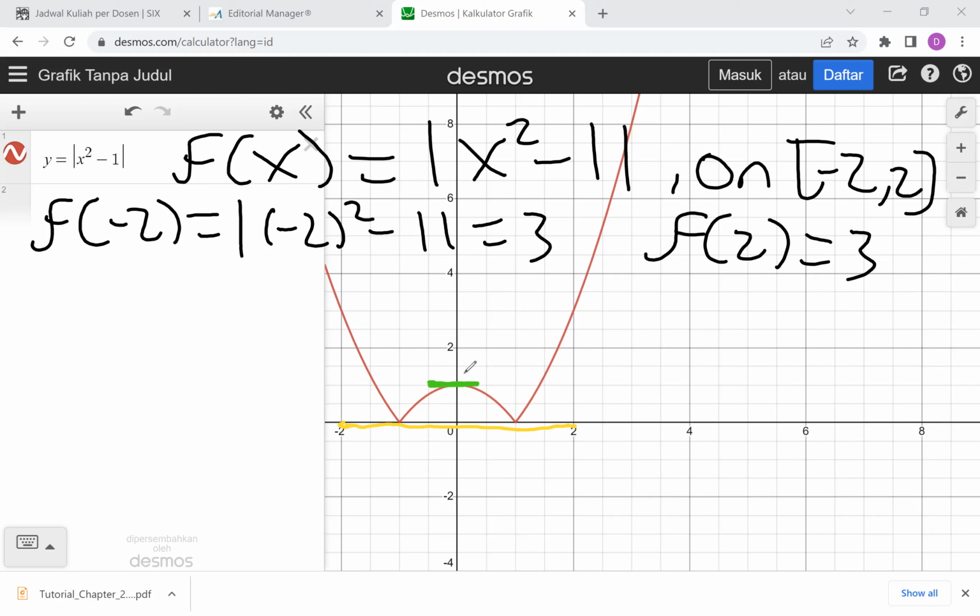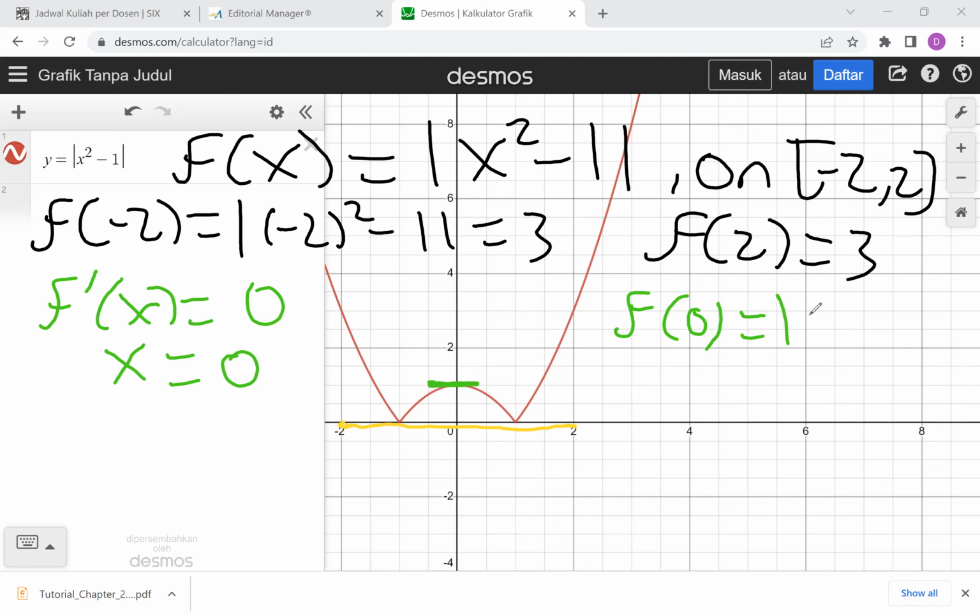If you want to find f prime of x equals 0, then the solution is x equals 0 here, right? Then you calculate f(0). f(0) equals the absolute value of 0 squared minus 1, and that will be 1. That's the stationary point. And then can we find the singular point?